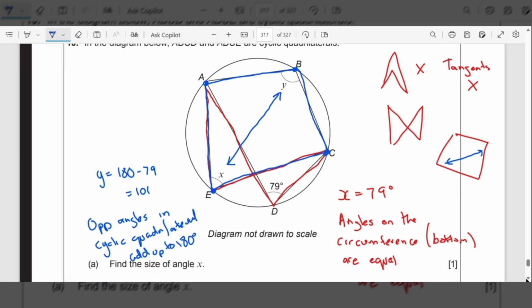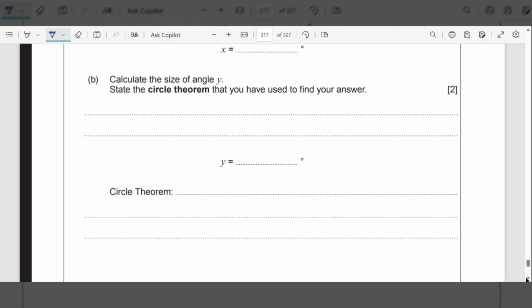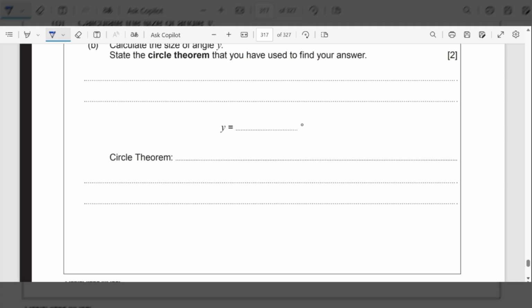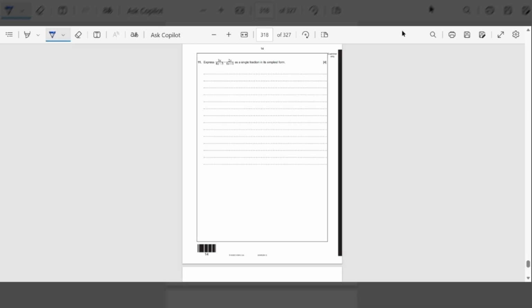Beautiful. Excuse my writing. This is very much rushed, okay? And we've stated the circle theorem and given our answers. Great. Easy enough. Yeah. How long have I got? Last few seconds on this one. Let me zoom.